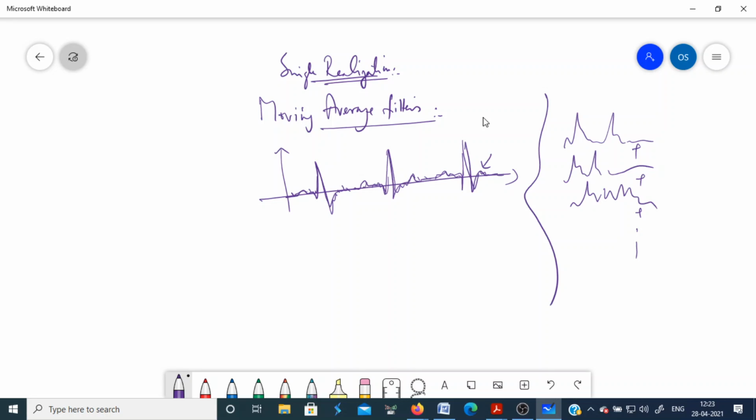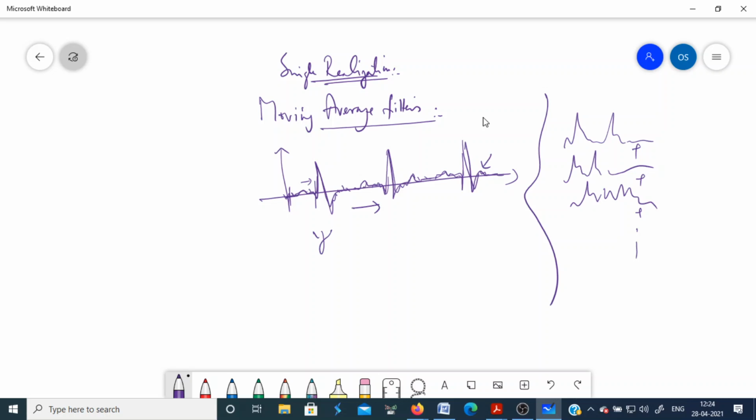But if you have only one signal corrupted by random noise, then in place of adding different copies, you have to find an average along the time axis. You need an averaging filter which averages the samples of this noise and moves ahead in time. So what is a moving average filter?